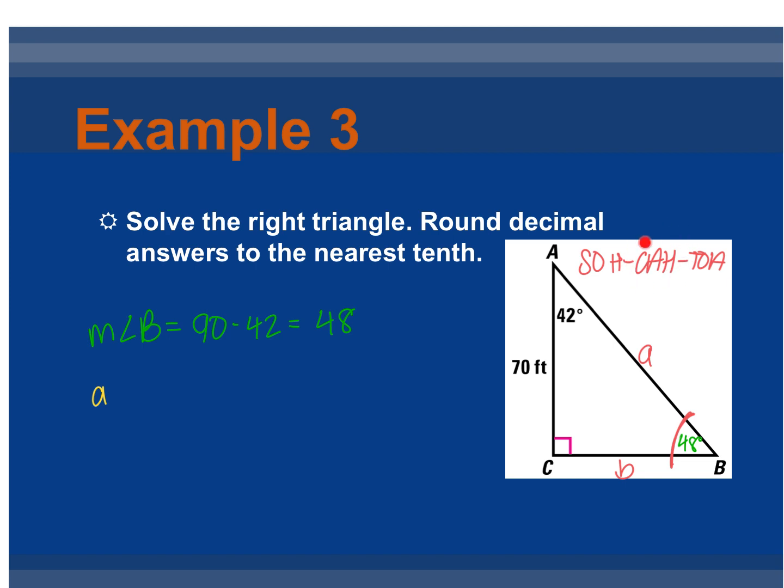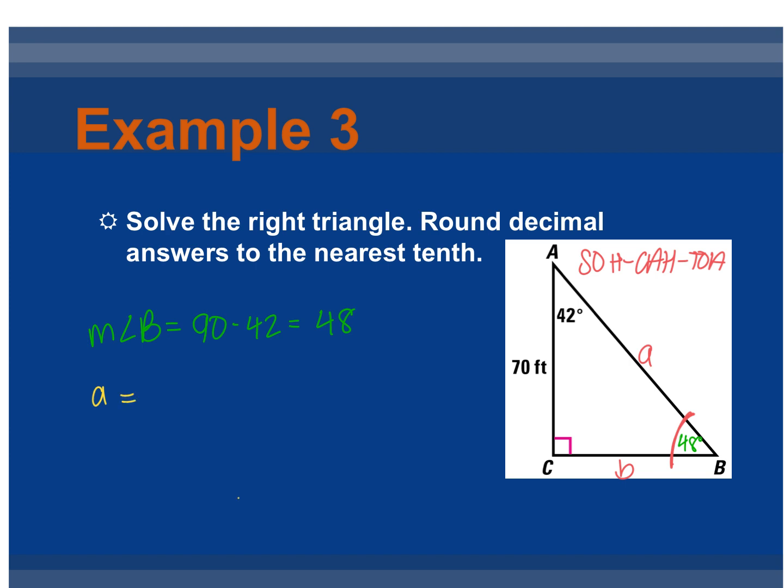I'm going to use cosine. If you wanted to use 48, they'd be giving you the opposite side and the hypotenuse, but we're still going to get the same answer no matter what. If you want to use sine and see if we get the same answer, by all means, go ahead.